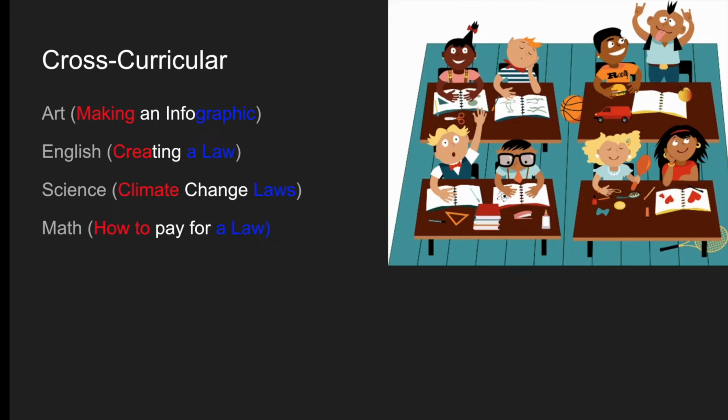For science, perhaps with a project-based learning, if they wanted to write something like a climate change law. And if you want to pay for your law, when we do Model Congress, they can work with a math teacher to kind of figure out some of those financial literacy aspects, which would also cover the standards for social studies here in Vermont.